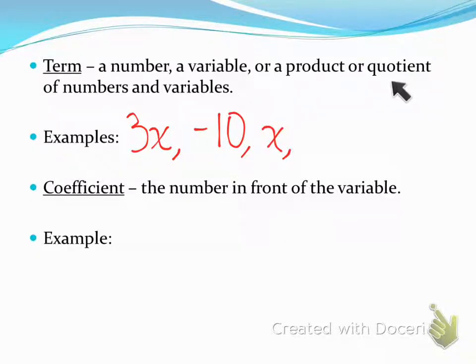It could be the quotient of numbers and variables. So it could be something like m divided by n. That's still considered one term. We could keep coming up with examples all day long. A coefficient, our next word, is the number in front of the variable.